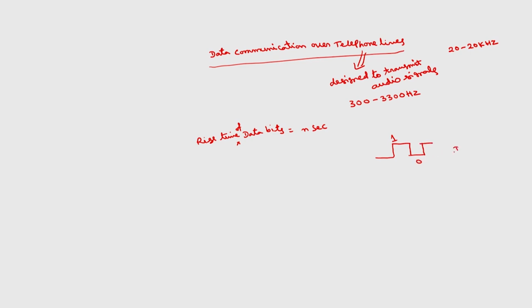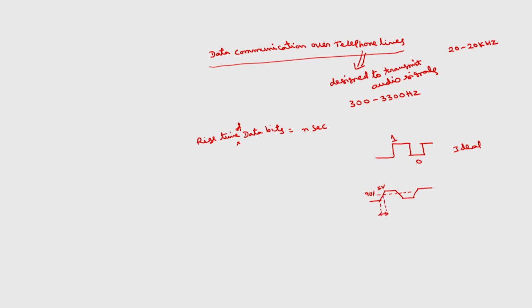But this is an ideal waveform; practically it takes some time to change from 0 to 1 as well as 1 to 0. So this is the practical waveform. The time taken to change from 0 to 90% of the final value, which is 5 volts, is called rise time.